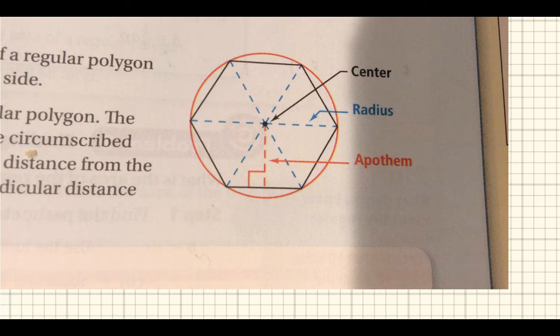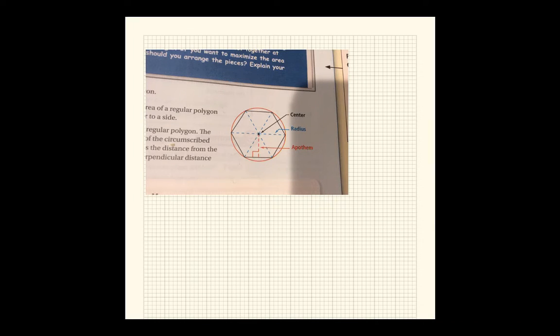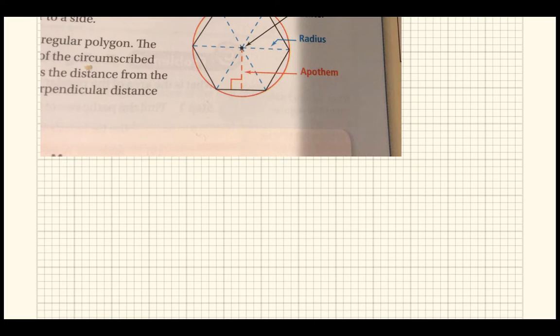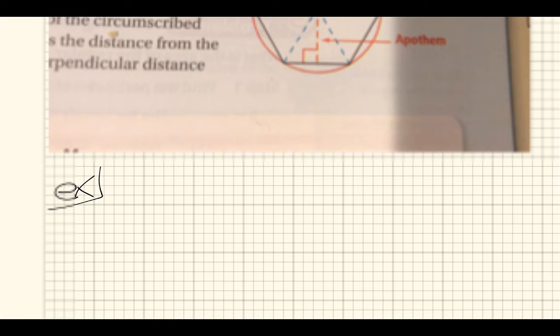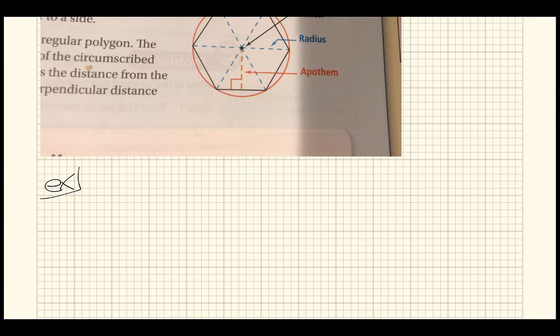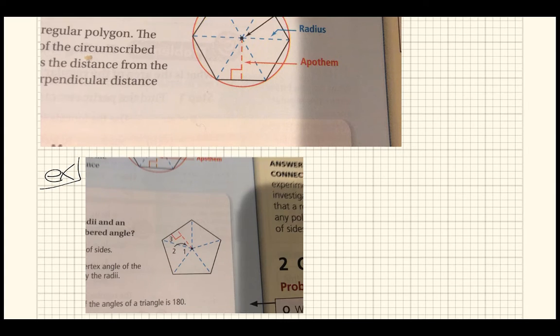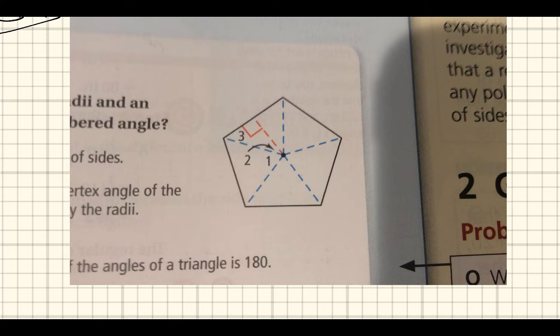Before we actually find the area of one of the hexagons or regular polygons, let's take a look at this. Those numbers in there, 1, 2, 3, represent angles.